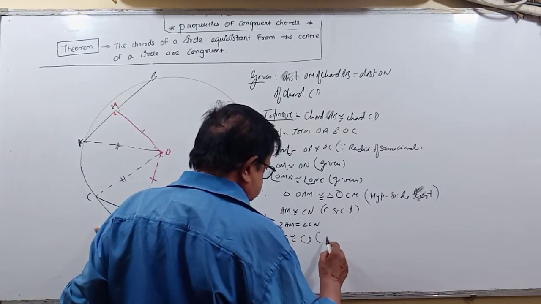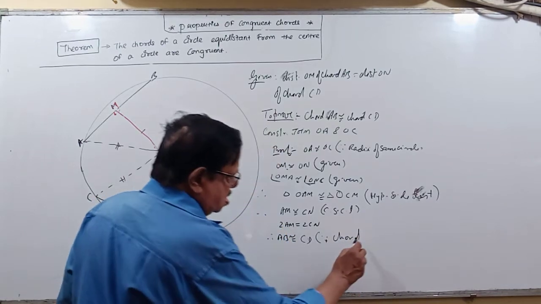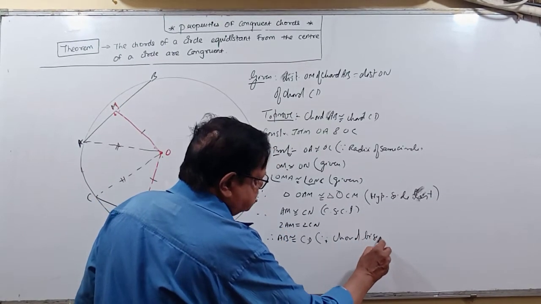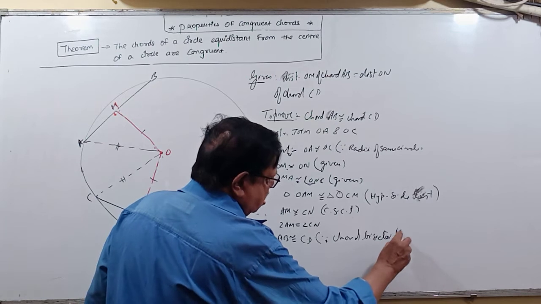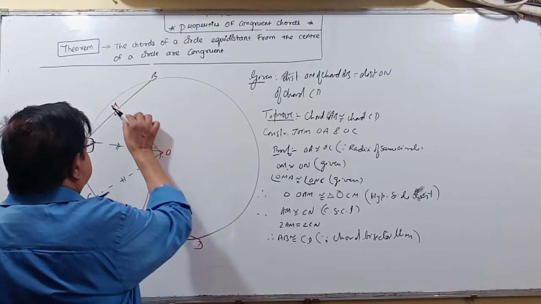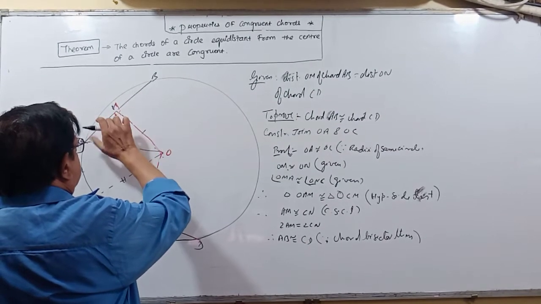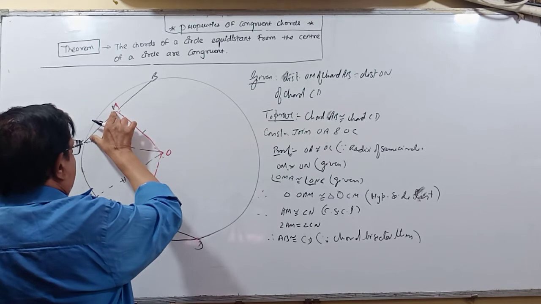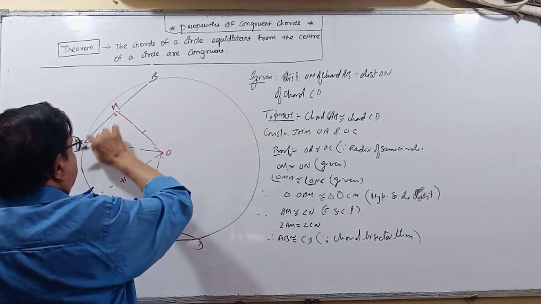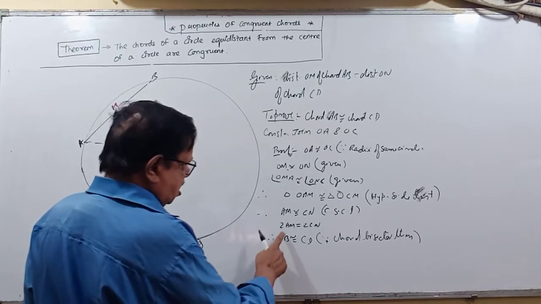The reason is the chord bisector theorem. The theorem says that if a perpendicular is drawn from the center, it will divide the chord into two equal parts. This is half, this is half. Therefore, AB equals twice AM.